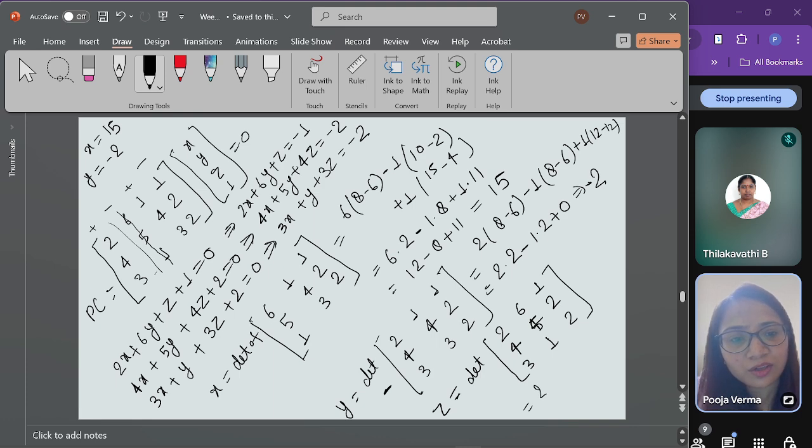So here you will get 2. So here it is 5. So 10 minus 2, then minus 6. Now 8 minus 6 plus 1. So 4 minus 15. Right? So here you will get 2 into 8 minus 6 into 2, and here you will get minus 11.